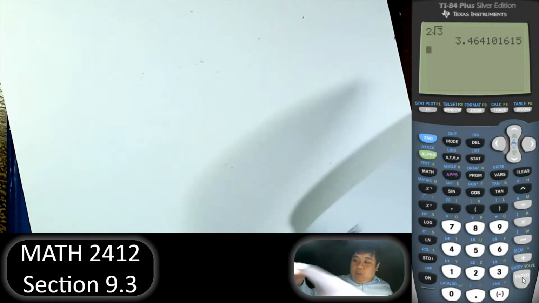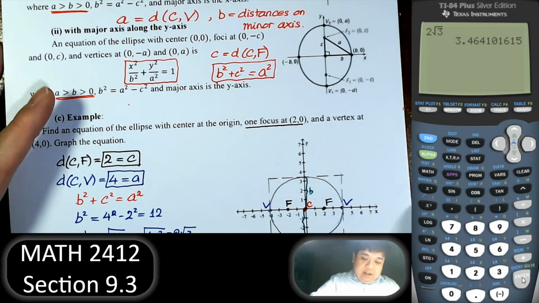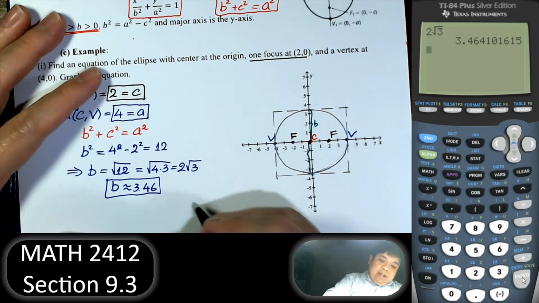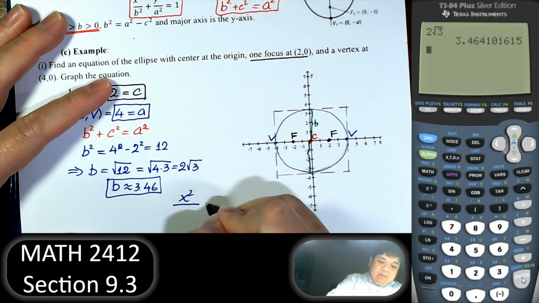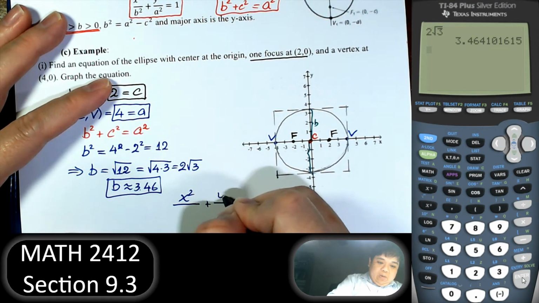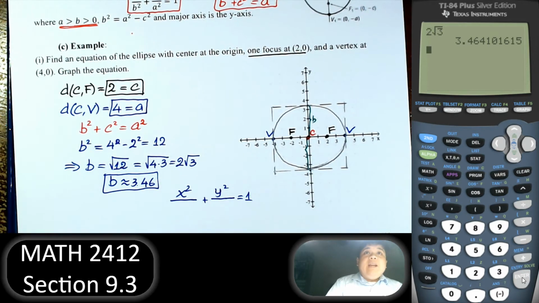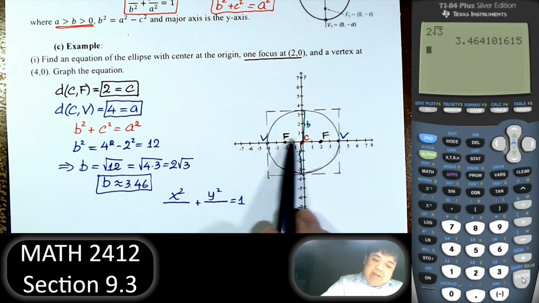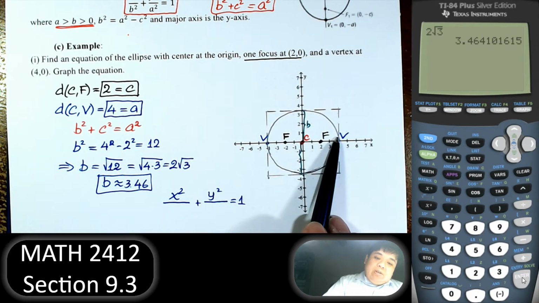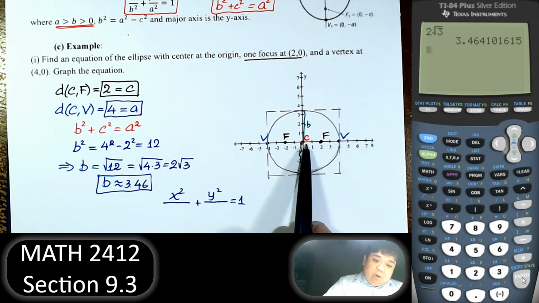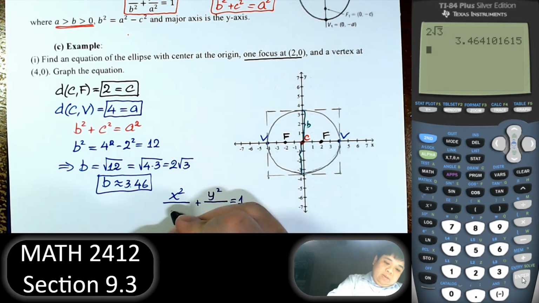Oh, we want the equation, right? The equation is even easier. x squared over something squared plus y squared over something squared equal to 1. And now we have the horizontal ellipse, so we go 4 to the left, 4 to the right. Left and right is 4, so 4 squared here.